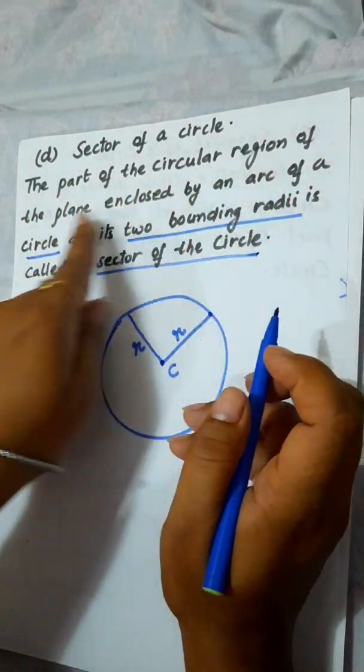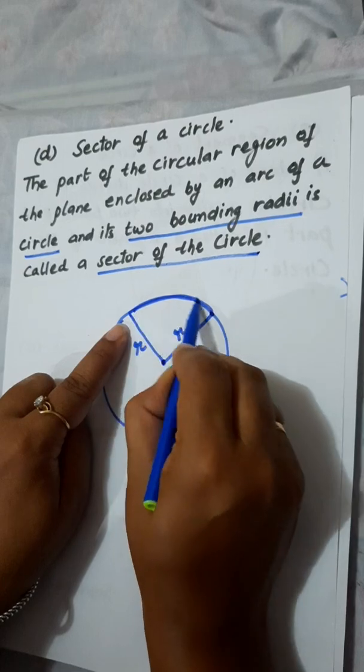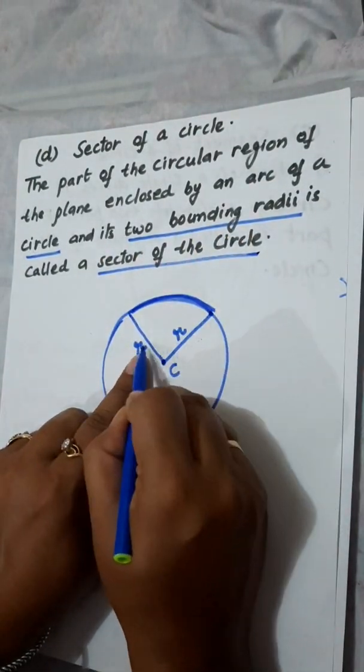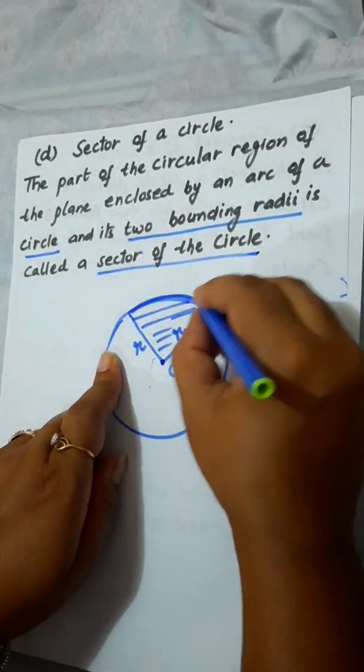So the part of the circular region of the plane enclosed by the arc of the circle, this is the arc, and its two bounding radii, these are the two bounding radii. So this portion is your sector.